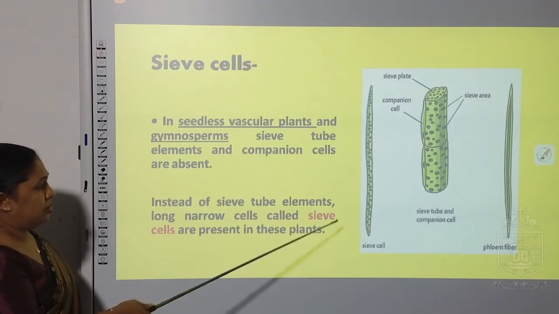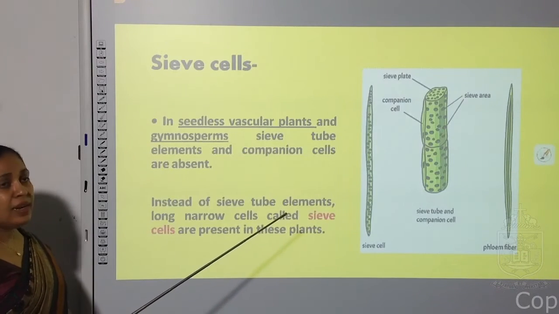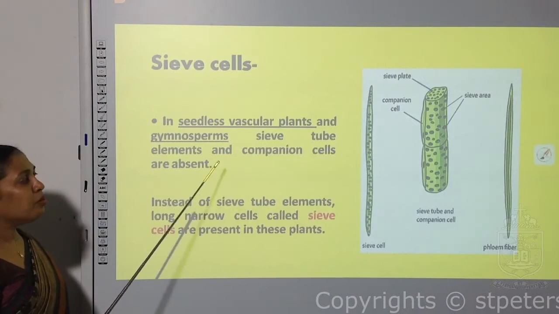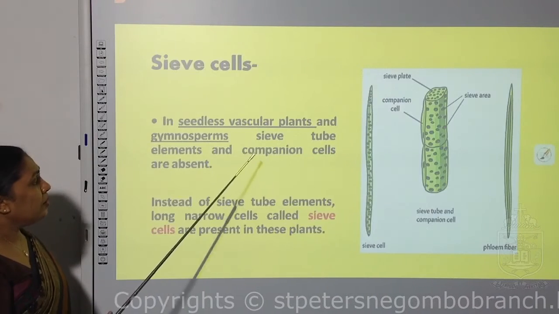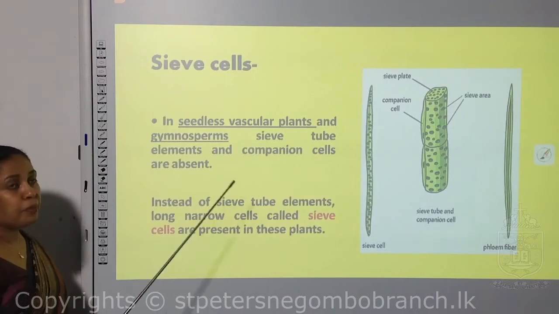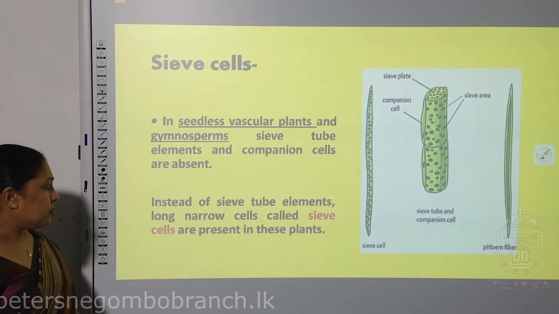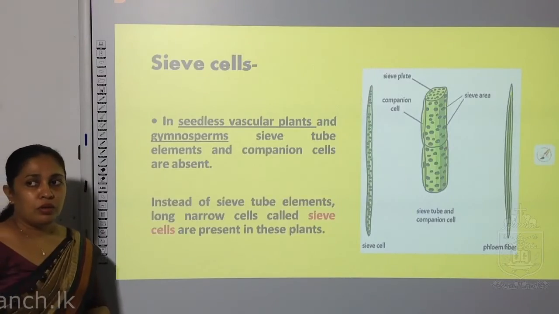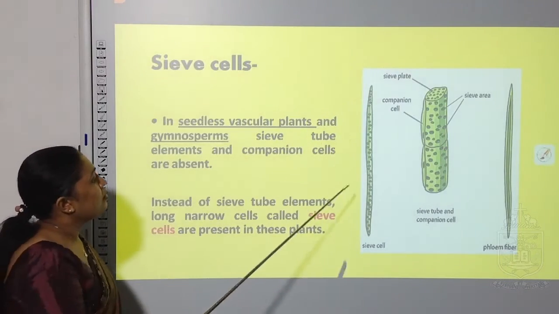This is the structure involved in translocation in seedless vascular plants, which are lower plants, and some gymnosperms. In them, sieve tube elements and companion cells are absent. Anyway, they have to transport organic food, so they do that using these sieve cells.